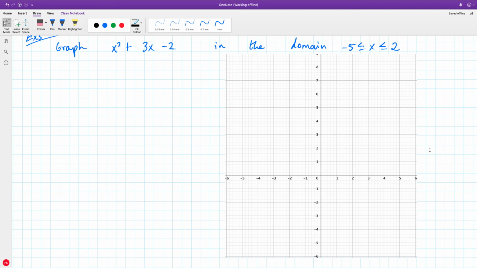This is X. That's your Y. These are all your X values and Y values.